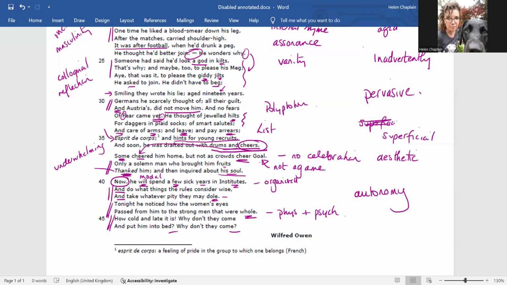So ending on those questions is the uncertainty of his future and his doubt, and the idea that he really is struggling with the life that he now has, and his own part in how that life came about.